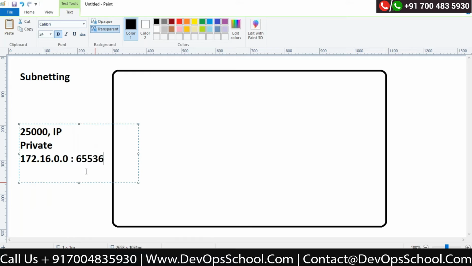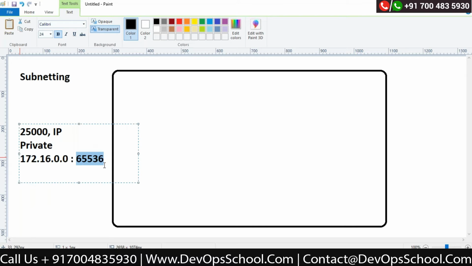It is something like this. Can I create a single network of 25,000? I can create that because I have a complete network over here. No problem. I can have 65,000 IP addresses which I can use.